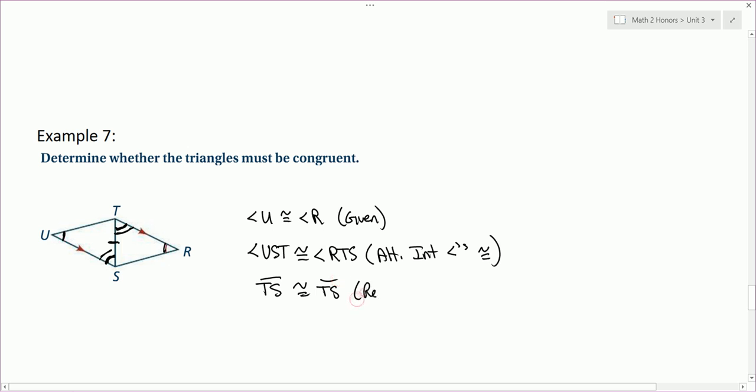By the reflexive property. So we have enough information to say they're congruent. So we got congruent triangles. Why? Because of angle side congruence. So yes.